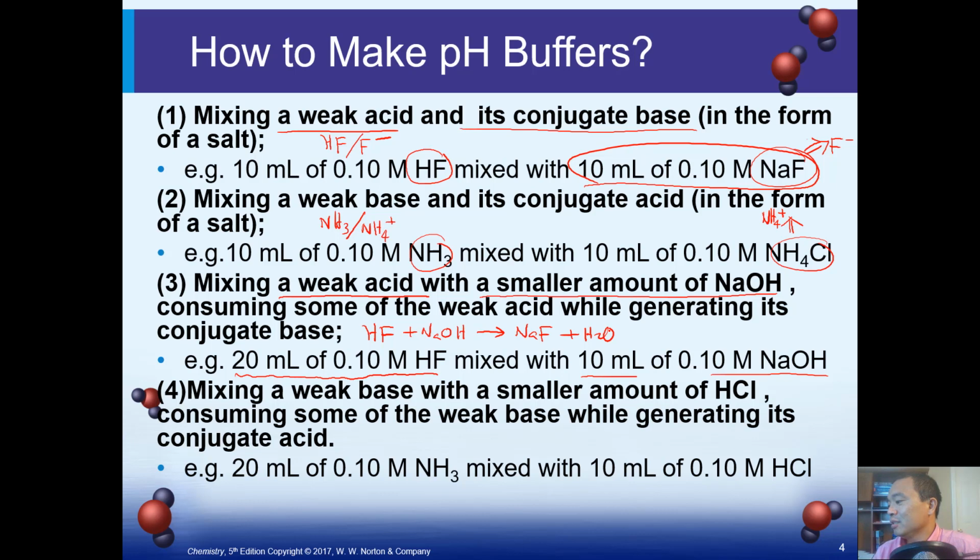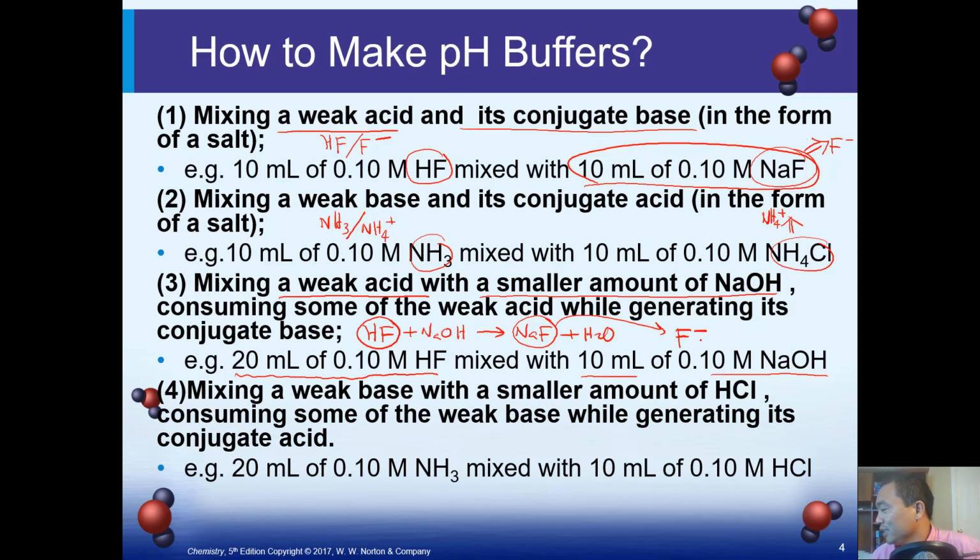Do remember, not all hydrofluoric acid is converted, but the portion that reacts with NaOH generates sodium fluoride, NaF. In other words, the part of hydrofluoric acid that is consumed is converted to the salt, which provides the conjugate base.